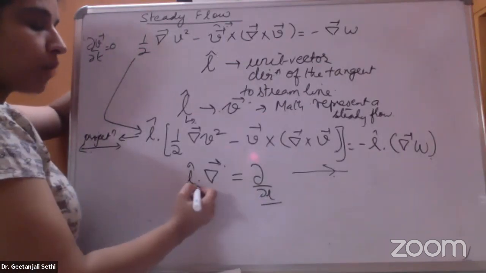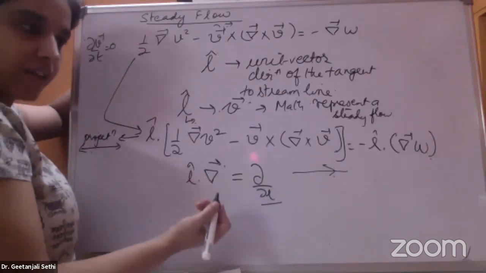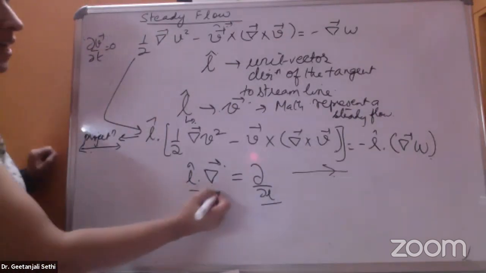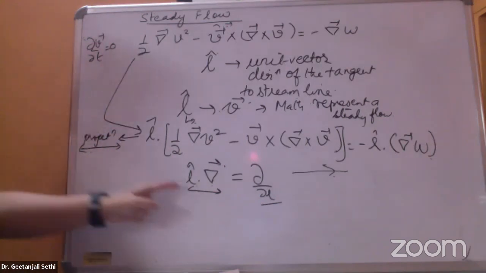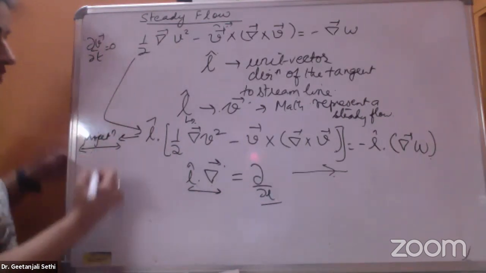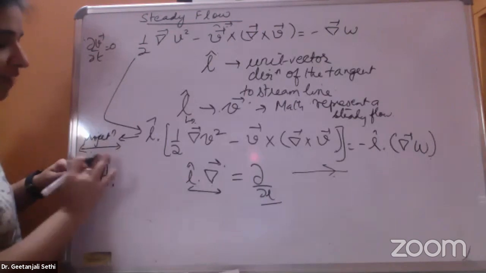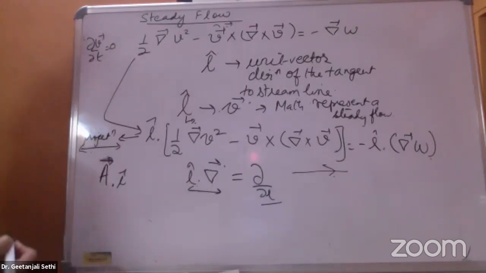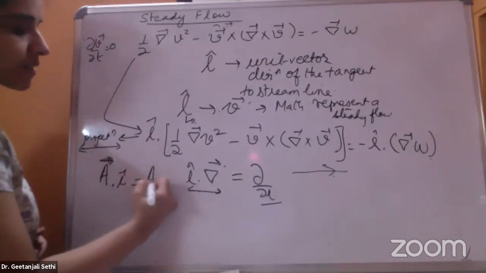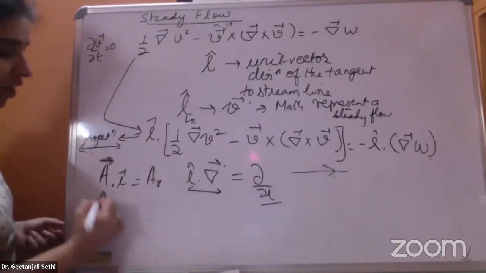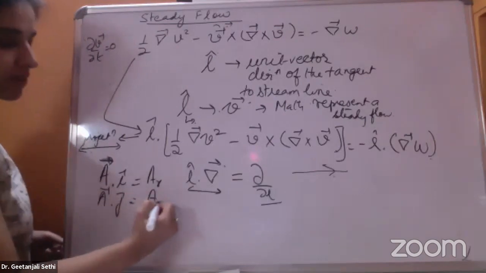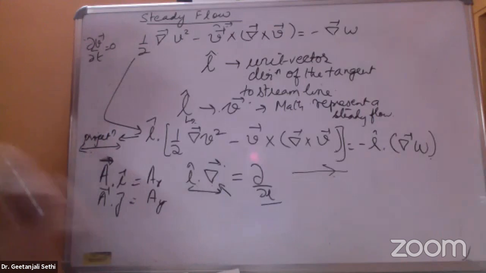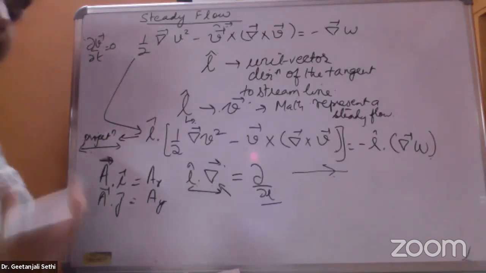And when I do L dot del, this is just like taking a dot product of two vectors. This is a unit vector, just like when you have a vector A and you take its dot product with a unit vector along the I cap direction, you get its X component. You take a dot product along Y, you get its Y component. Similarly, the gradient operator is a vector operator. It represents change.